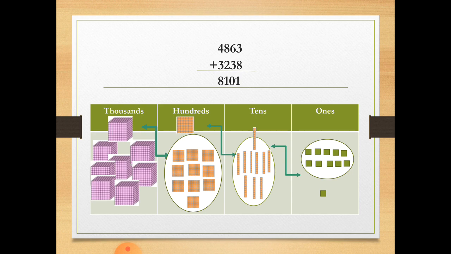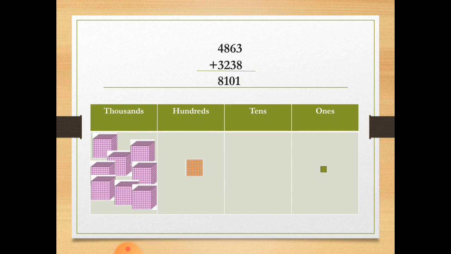Here we already have 8 plus 2 is 10, and 1 more, so 1,100. 1,100 means 1,000 will be carried over to the thousands column. So 4 plus 3 is 7, and 1 more 1,000 is 8. So the sum of these two numbers is 8,101.